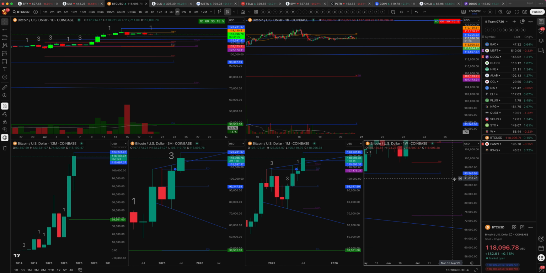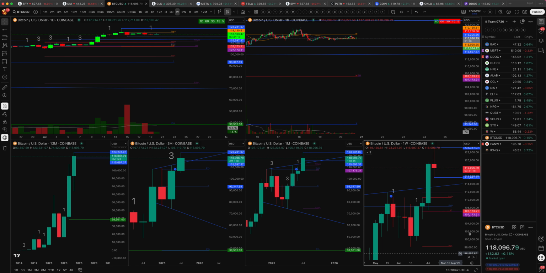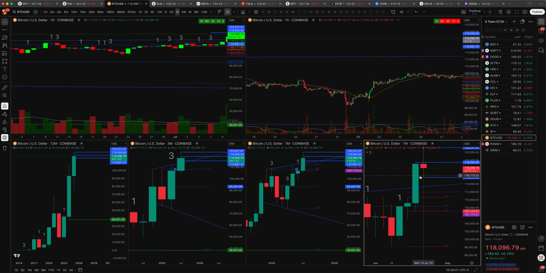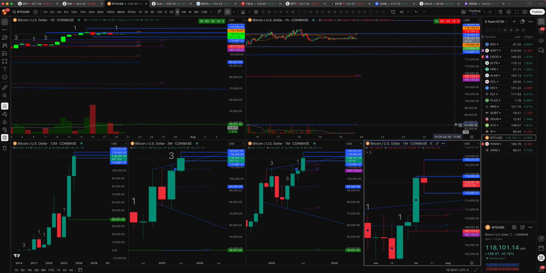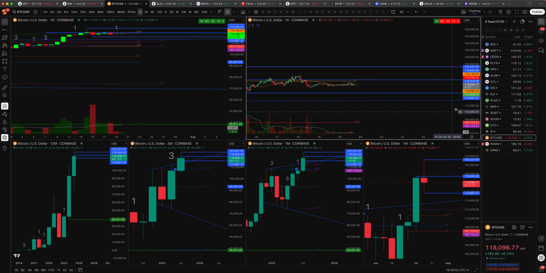So what are my sort of end zone lines? There's one, right, which is the previous week high. You want to be able to get the bulls to get back over that line.